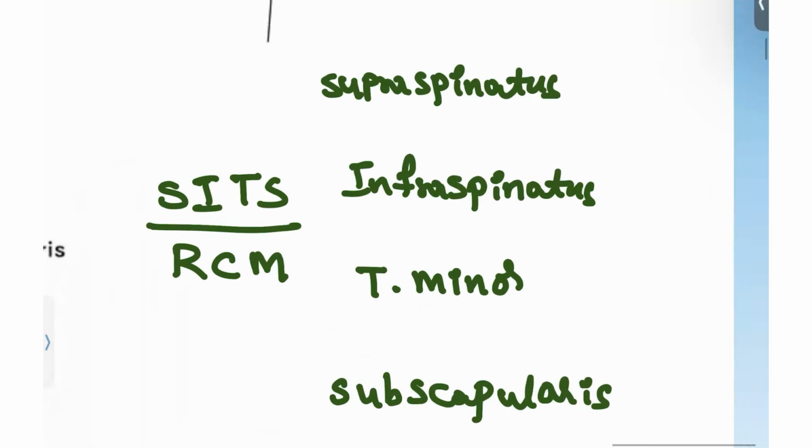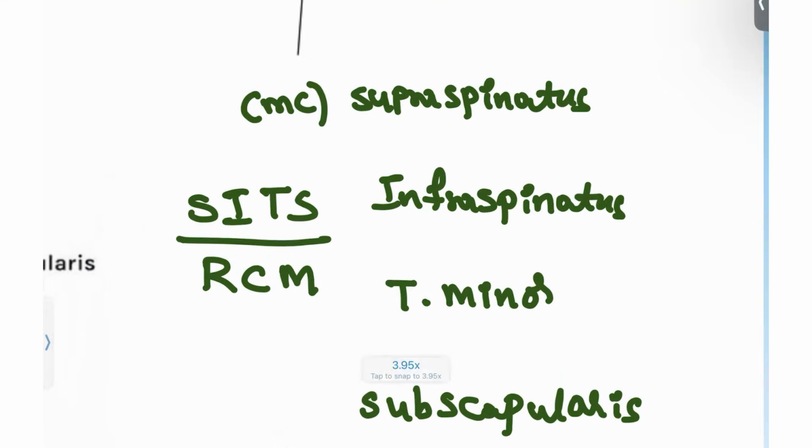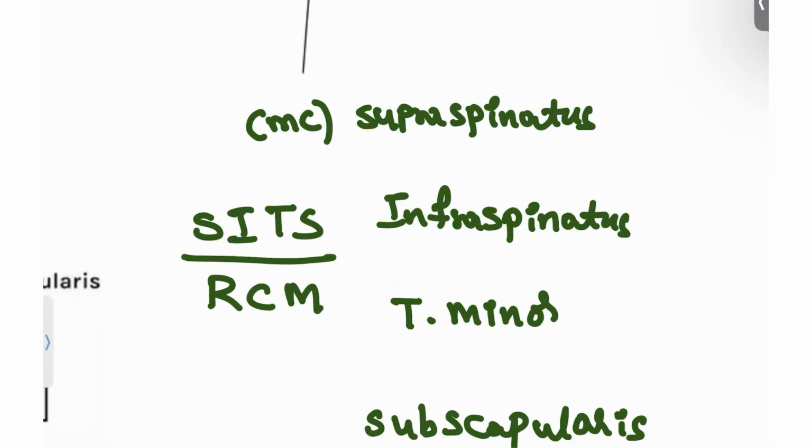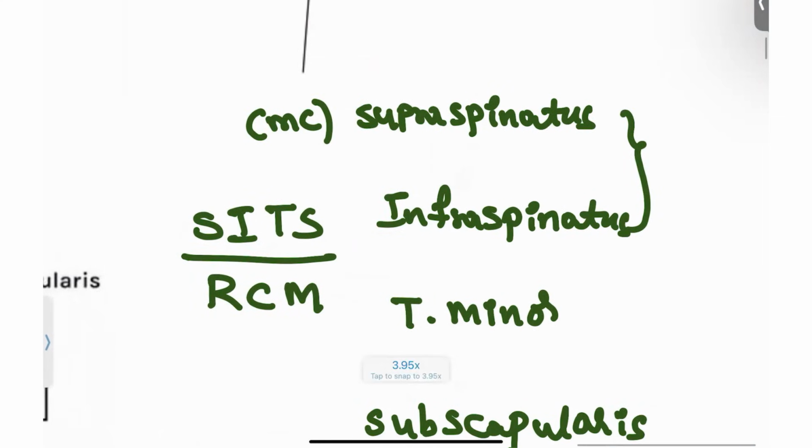First, supraspinatus is the most common one to get injured in the rotator cuff muscles. Okay, first thing that you have to remember. And after that, what is the nerve innervation for all these important muscles? Supraspinatus and infraspinatus are both supplied by the suprascapular nerve.